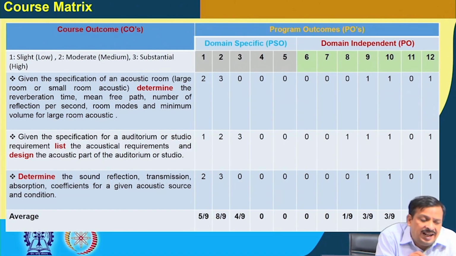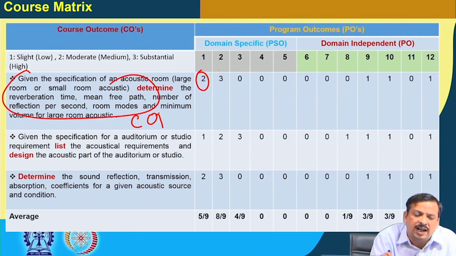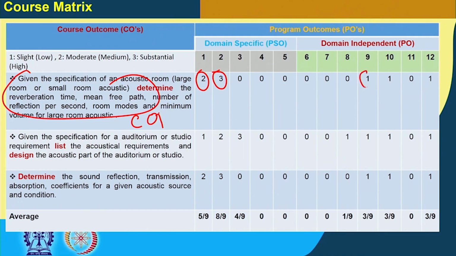So, while I am developing CO1, I know this develops the domain dependent outcome 1 and 2, and it also develops domain independent outcome 9, 10 and 12, which is due to the teaching learning process and CO, both mapped to PO. So, not only the CO itself, CO and teaching learning process both are responsible for course matrix development.